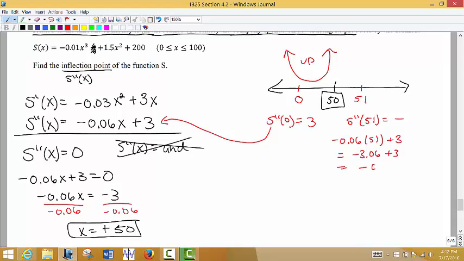I end up with a negative 0.06. So that's definitely negative, which tells us that we have concave down.